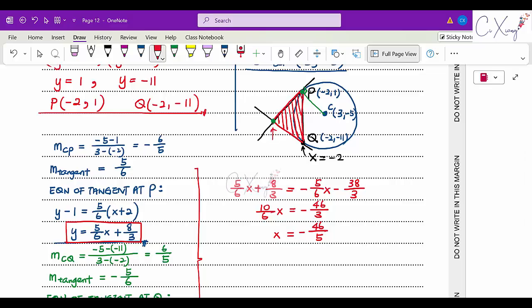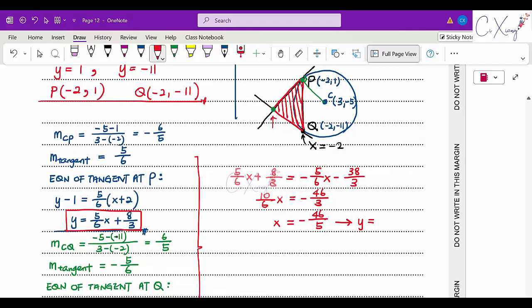for the area of the triangle, there are a few ways that you can try. Here I will show you two methods of how to find the area of the triangle. The first method is, after I get the x coordinate, I continue to get the y coordinate. Some students will ask, which equation should I substitute it in?